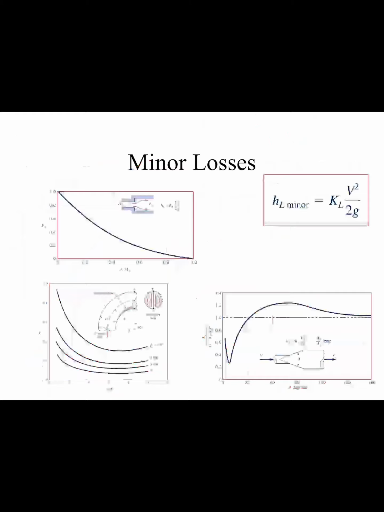Looking at some of the different behaviors, on the top left we're going through what we call a sudden expansion. This plot shows the loss coefficient as a function of the area ratio.